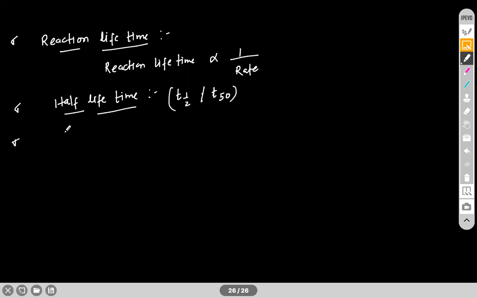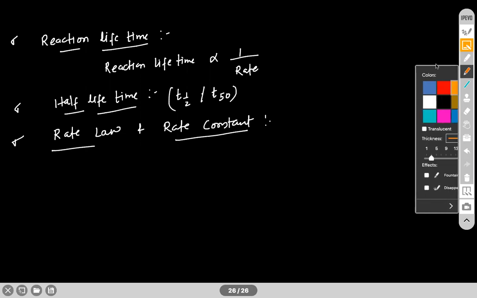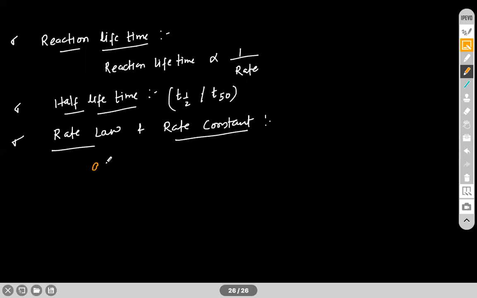Now, next thing we'll see is the rate law and rate constant. We have discussed how to write down the rate expression. But what is rate law? Suppose I have written a reaction, aA plus bB gives product.